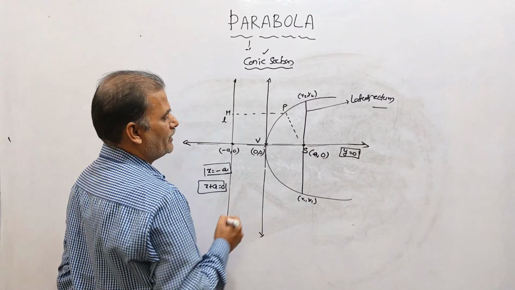But here the focus is on the left side, so the focus is equal to minus a comma 0, because this is the negative x-axis. And in the same way SP is equal to PM, this is the equation of directrix.